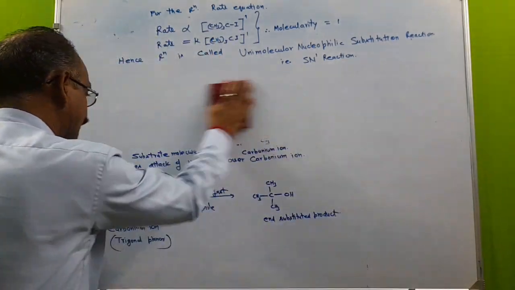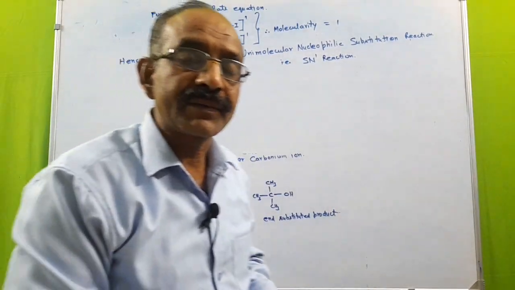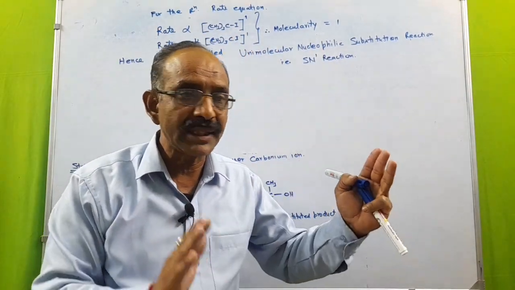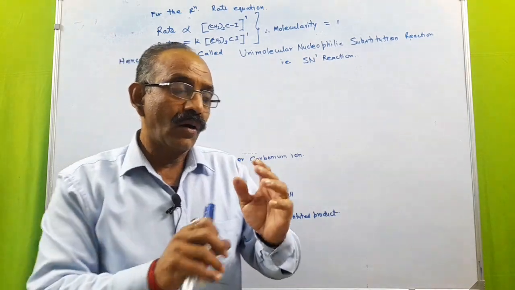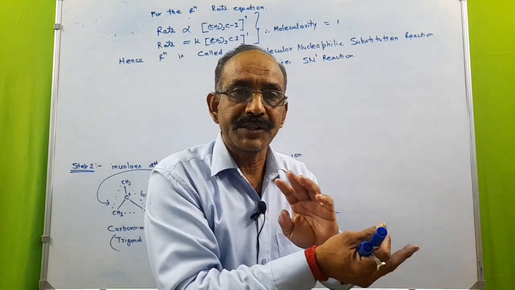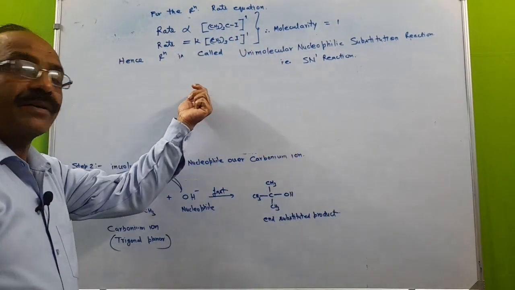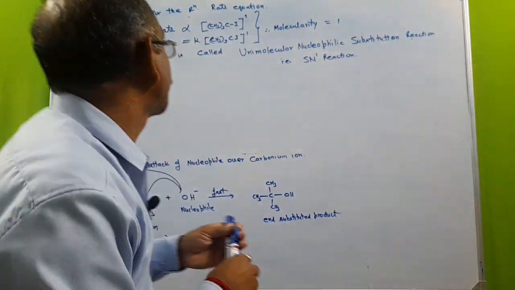Now see here, there's one important point I would like to discuss in this video. Actually for nucleophilic substitution reaction there are 2 mechanisms. One is SN1, one is SN2. See, in SN2, always inversion in configuration takes place, while in SN1 mechanism a racemization takes place.